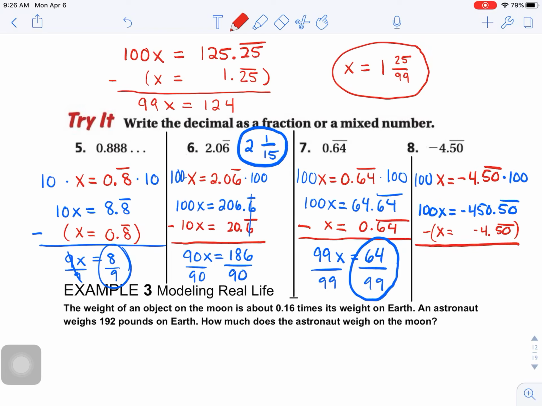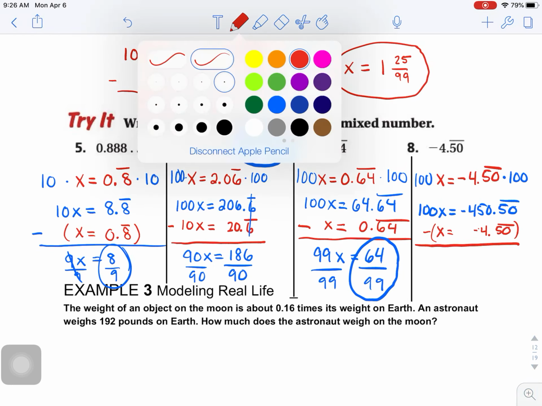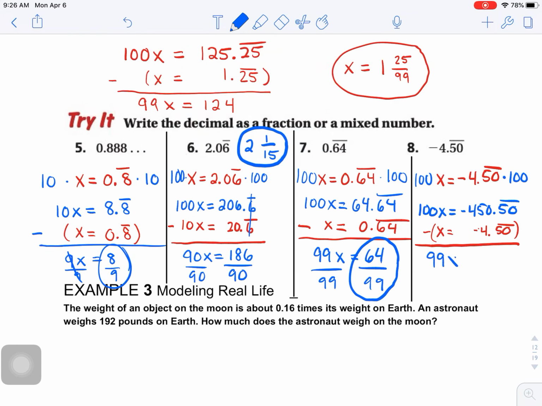Be careful in this one because there's a negative. If I'm subtracting a negative, that is like adding the second piece. So I get 99x equals negative 450 plus 4, because the repeating decimals cancel, which gives me negative 446, because I'm adding to a negative.